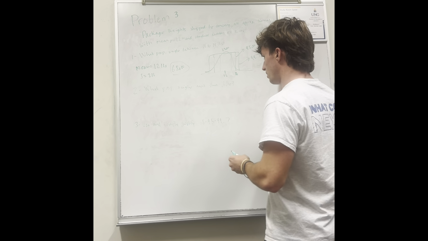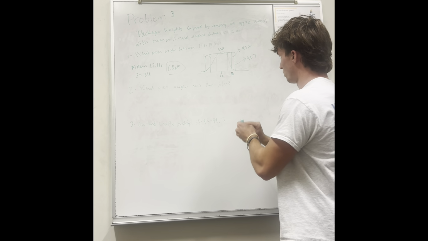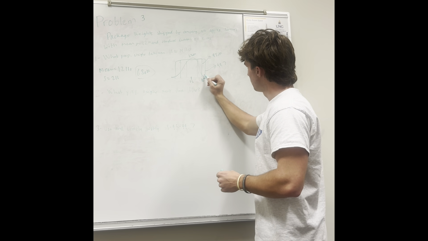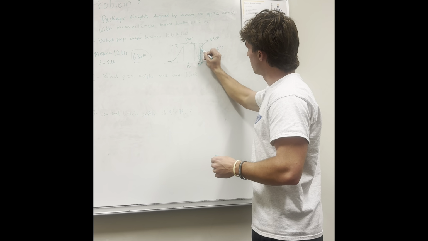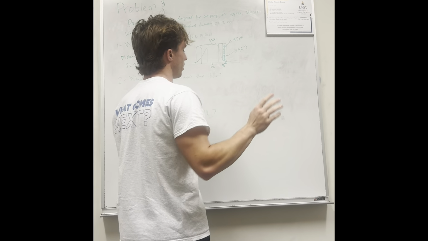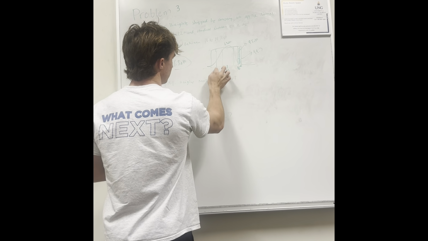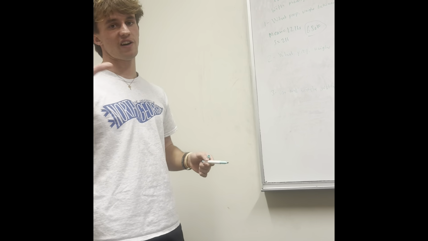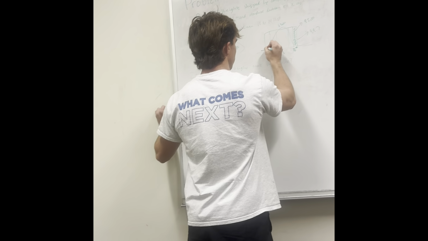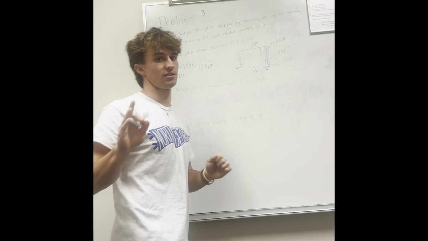So it's asking what proportion weighs more than 16. So we're trying to find this little area right here of the data set. Let's think about this logically. If this line to here is 95%, we know that we have 5% left in these two fractions of 3 standard deviations outside.